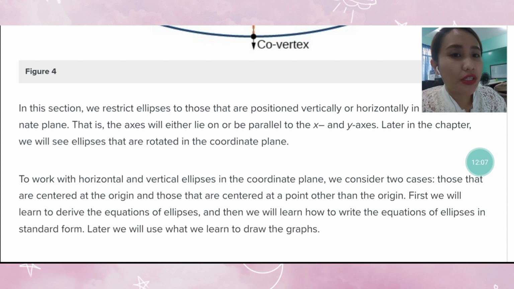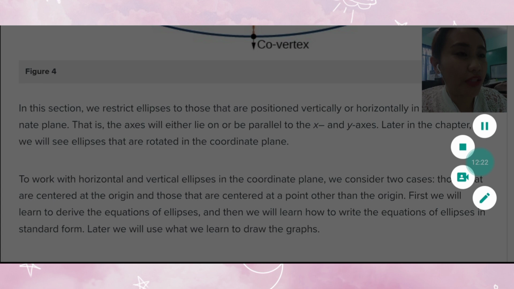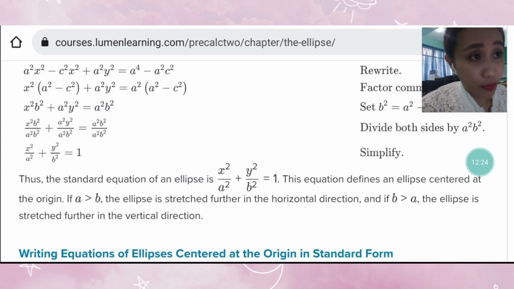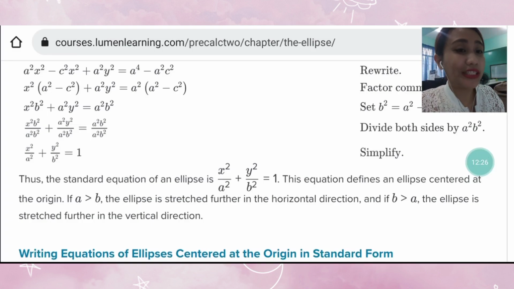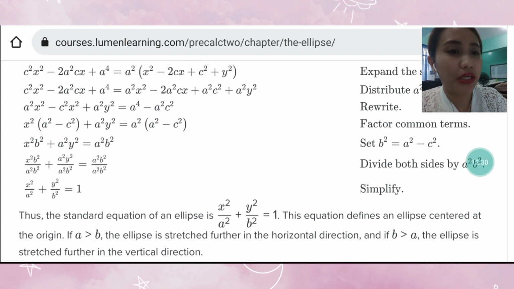First we will derive the equation of the ellipse, and then we will learn how to write the equations of ellipses in standard form. We need not actually derive the equation. Let's just take a look at the standard form. For the purpose of this discussion, I will not let you derive the standard form of the equation, but here it is.